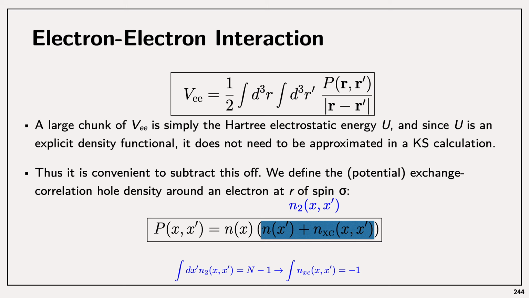And so it's an integral over dx prime. I'm sorry, I didn't include the dx prime on this slide, but this is an integral over x prime. This is a super duper important result. That result tells you that if you integrate the exchange correlation hole over all space, you find -1. This is one of the sum rules I was telling you about.